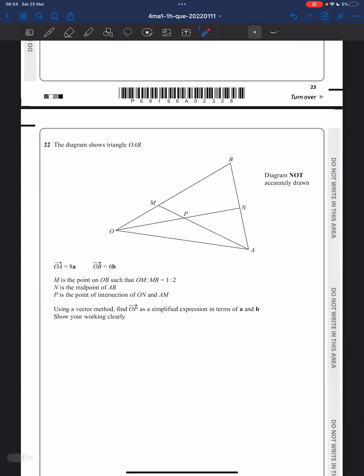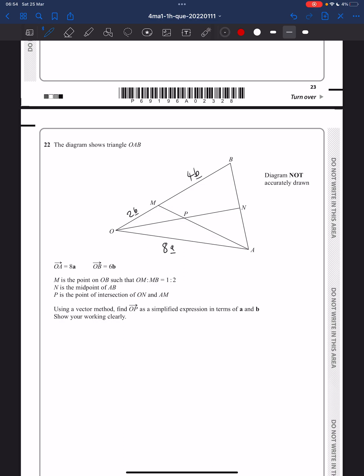Right, the diagram shows OAB. OA is 8A. OB is 6B. And M is on OB such that OM to MB is 1 to 2. So that's going to be 2B to 4B. I'll work that out now.